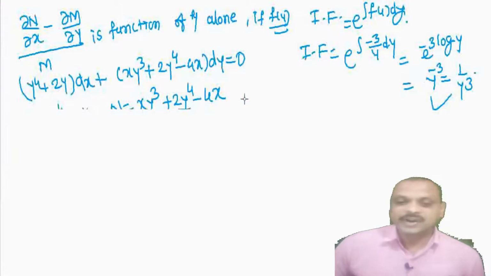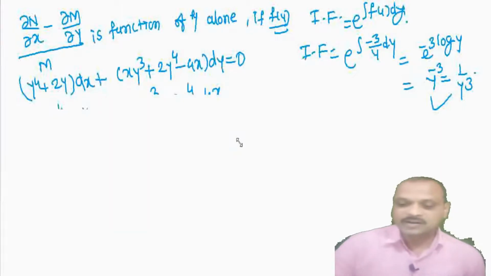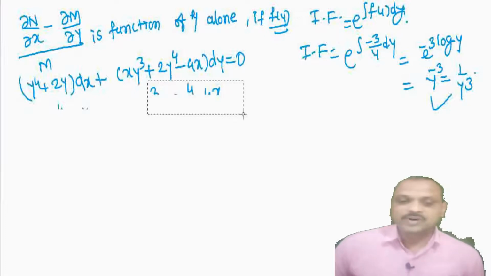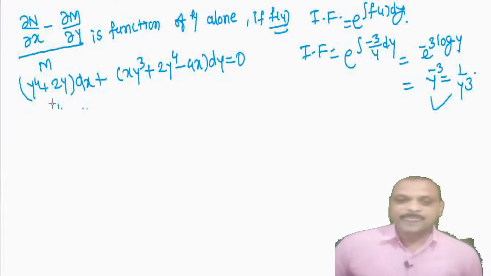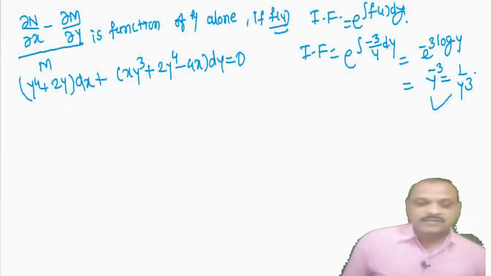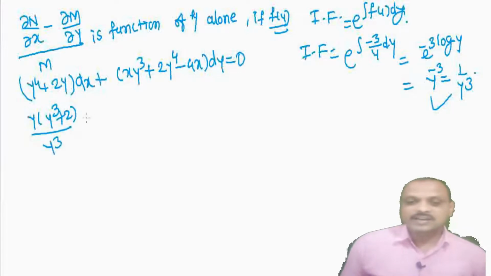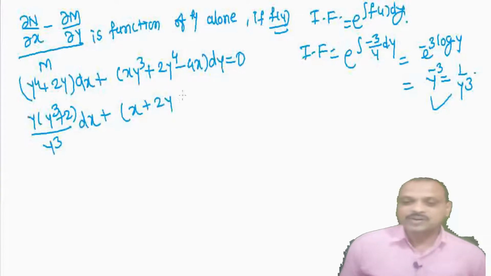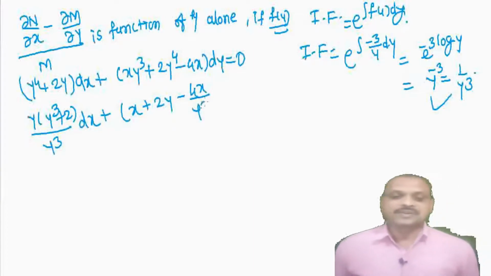This is an integrating factor. So multiplying this equation by 1 divided by y cube, what do we get now? You can see, whenever we multiply by 1 divided by y cube, we can take y common: (y cube plus 2) divided by y cube into dx plus, again here, (x plus 2y minus 4x) divided by y cube into dy equal to 0.